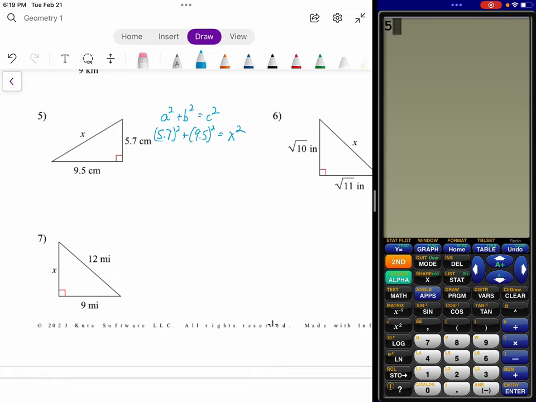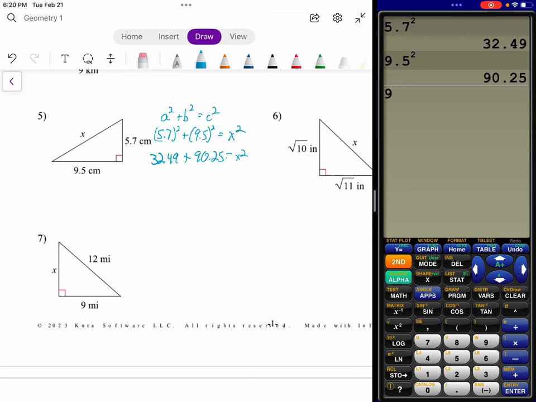So let's figure these things out. 5.7 squared is 32.49. 9.5 squared is 90.25. We're going to add those together.